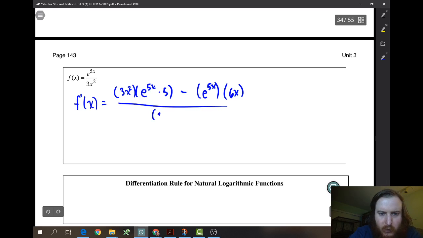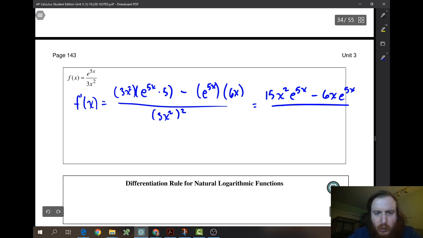All over 3x squared all squared. So when we multiply 5 times 3 gives 15x squared e to the 5x minus 6x e to the 5x. All divided by, now when we square this, make sure we square both the 3 and the x squared. So divided by 9x to the 4th power.